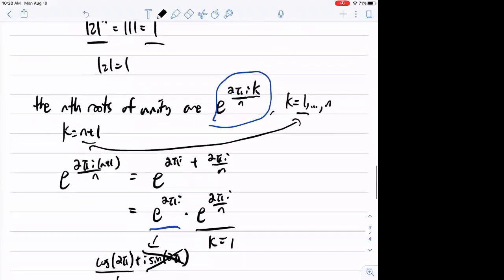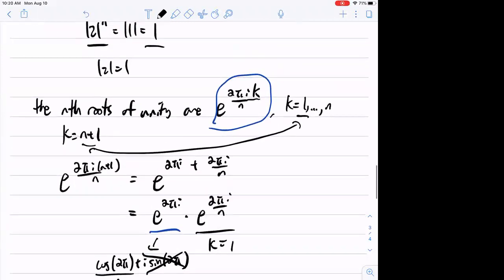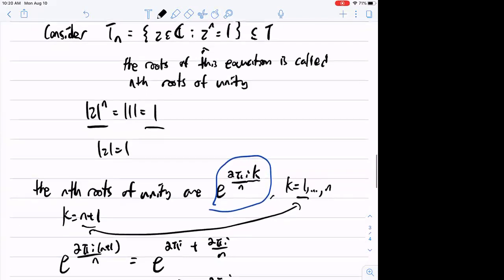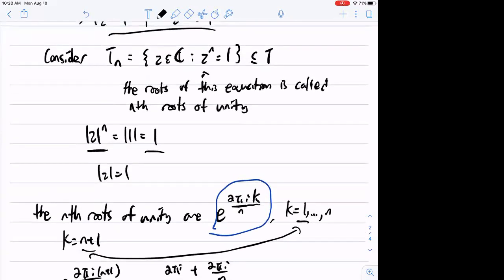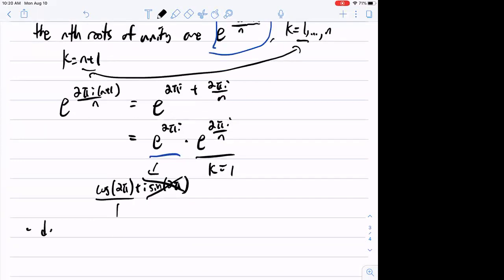And I mean, you can't have any more, is what I'm saying. Why are these all of it? Well, it's a degree n equation, so a degree n equation over C has at most n roots.